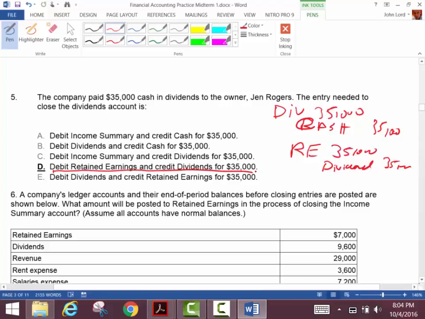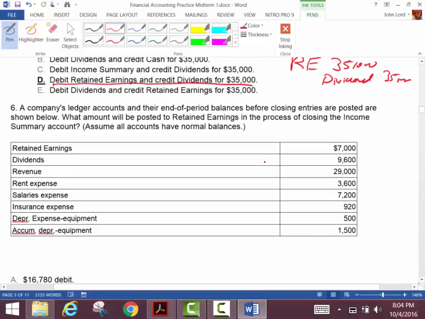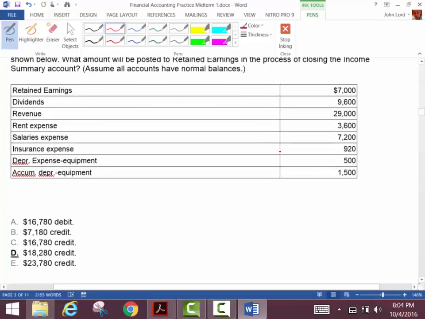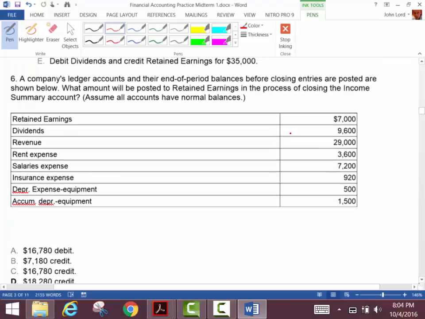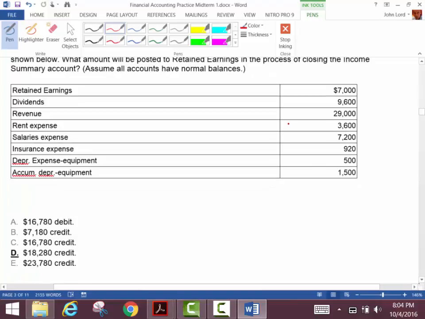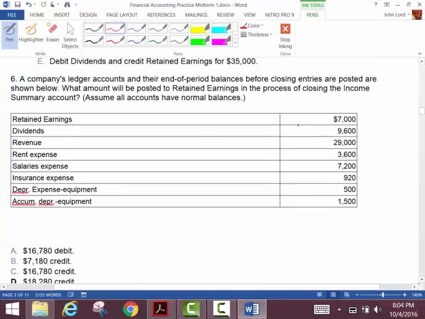Okay, good. We have these ledger accounts, and this one, there's definitely something wrong with this question, okay? And I noticed this yesterday, that this question is screwed up. Sometimes the test bank makes a mistake on it, okay? And so in the process of closing the income summary account, what will be posted to retained earnings when we close the income summary account, okay?